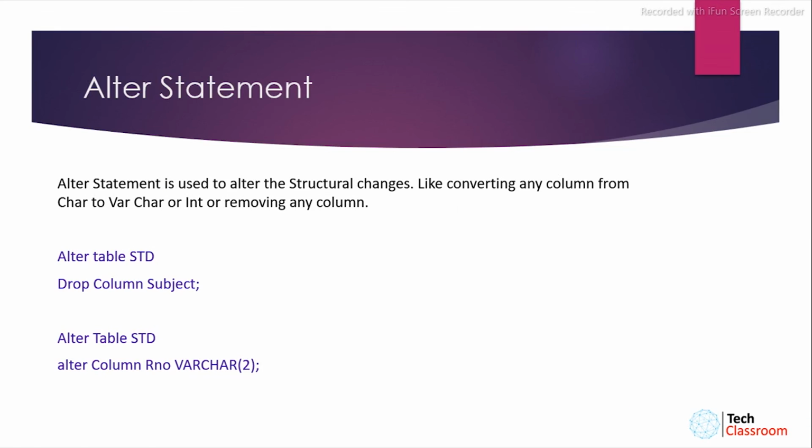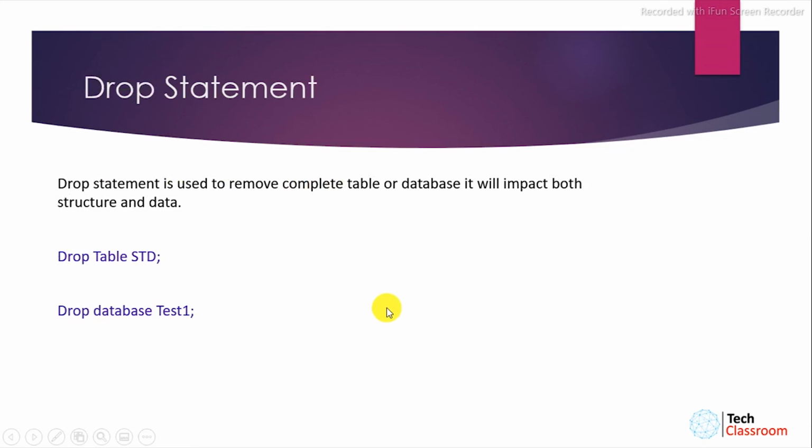Let's move to the next statement. The drop statement. The name says drop. Drop means removing completely. We normally don't use this much while writing queries, but sometimes when we are testing and we are creating a copy of any database or table, we want to delete it.